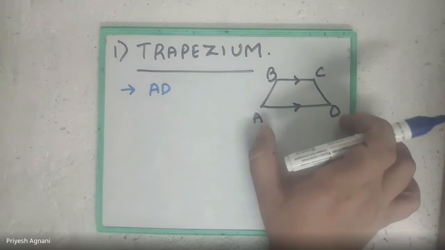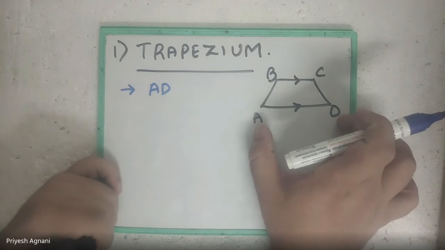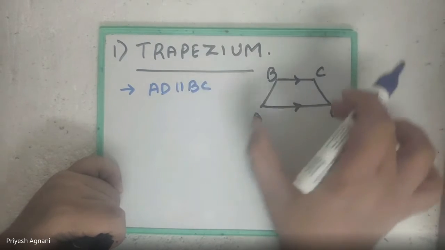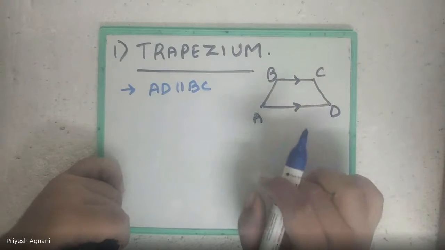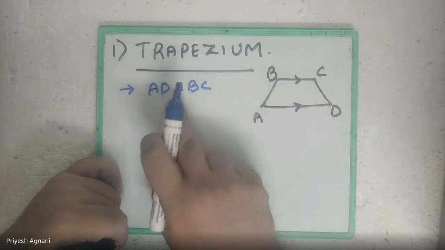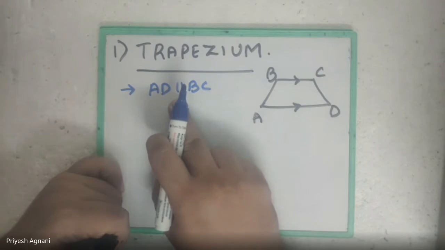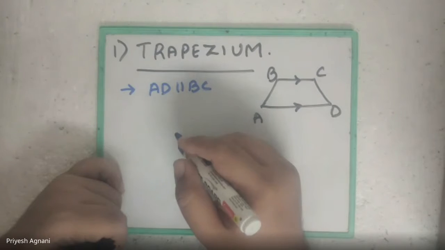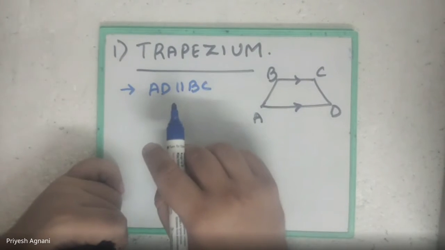Pay attention. This is AD. AD is parallel to BC. This is the sign of the parallel.